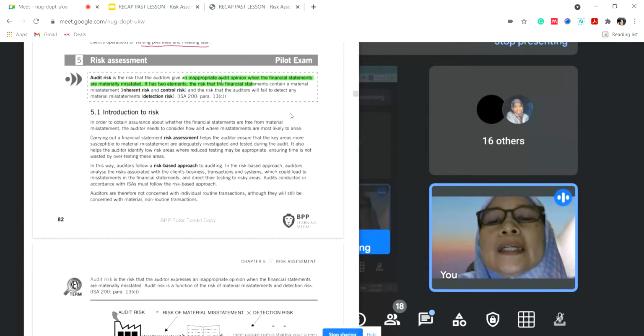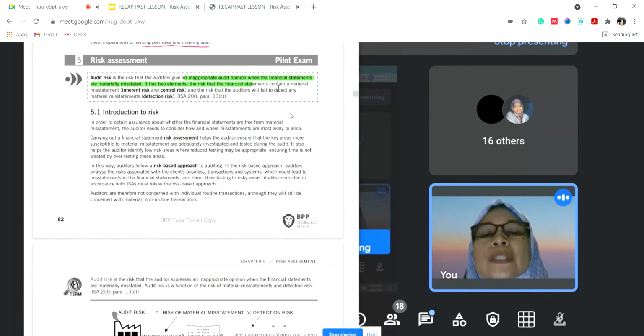The risk that the financial statements contain a material misstatement is inherent risk and control risk, and the risk that the auditor will fail to detect a material misstatement is detection risk.